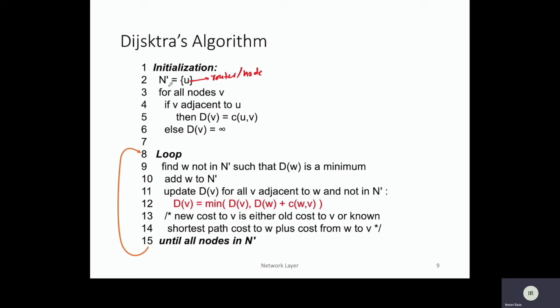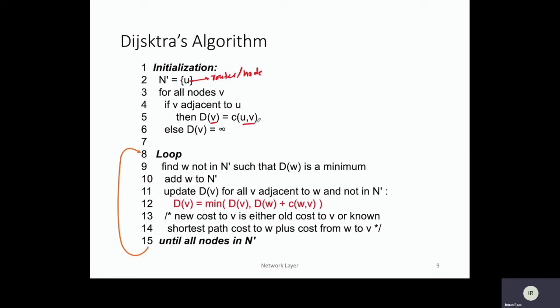So in N we have U. The N, which is a set of the nodes to which we have calculated the cost, contains U only. And for all the nodes V, if V is adjacent to U, if V is the direct neighbor of U, then dV, the cost to reach that node V, is equal to the cost to reach from U to V, right?